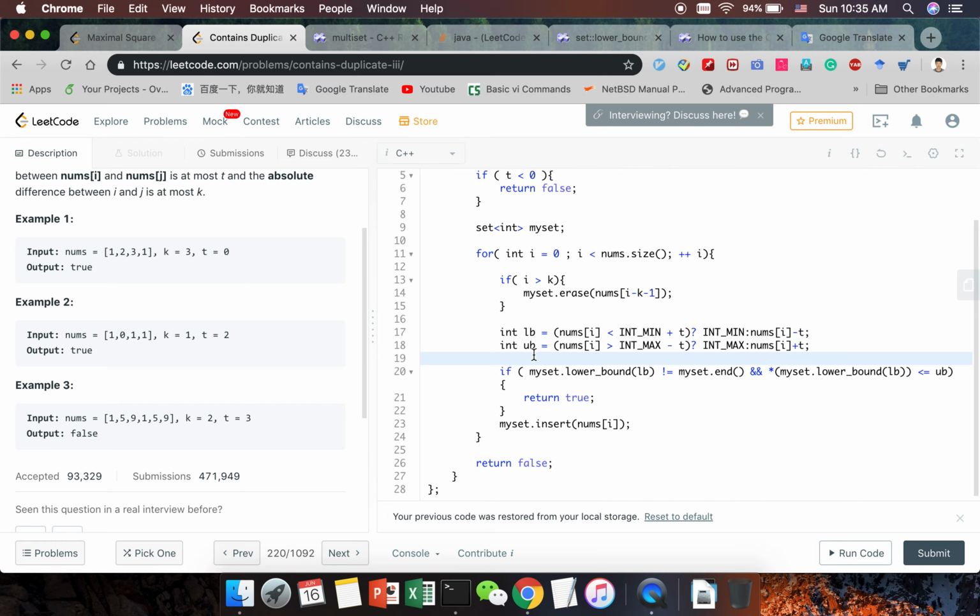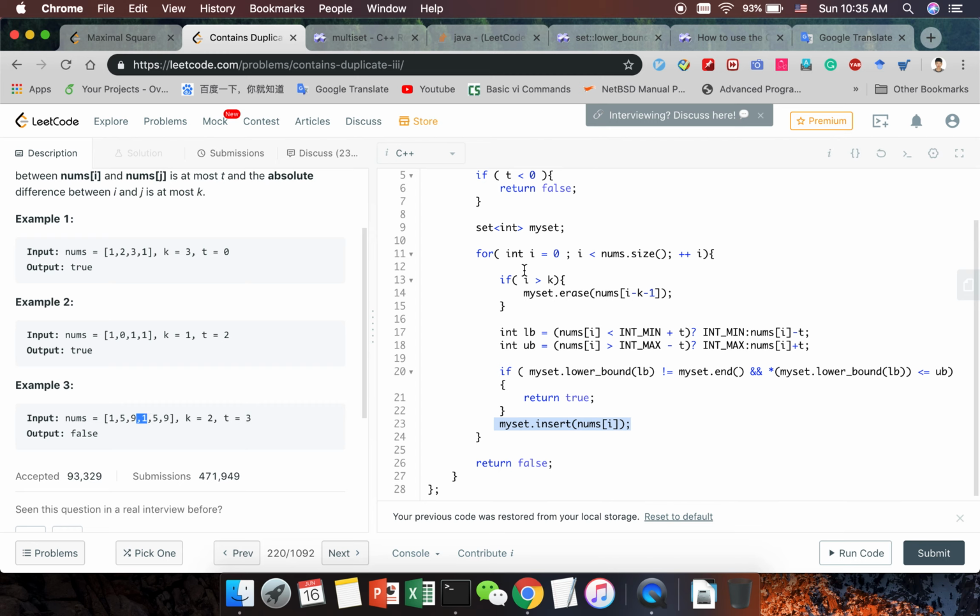And we look at the set to see if we can find any numbers that satisfy this range. However, 1 and 5 in this set both cannot satisfy this range. Then we just insert the number 9 into this set.